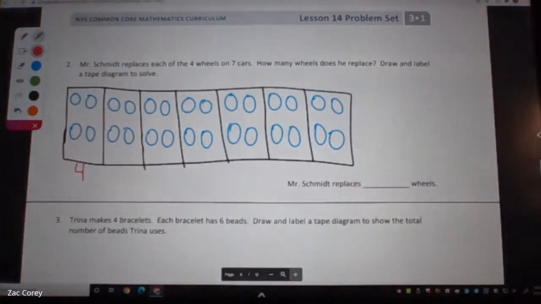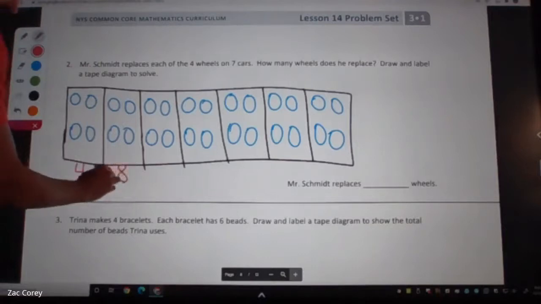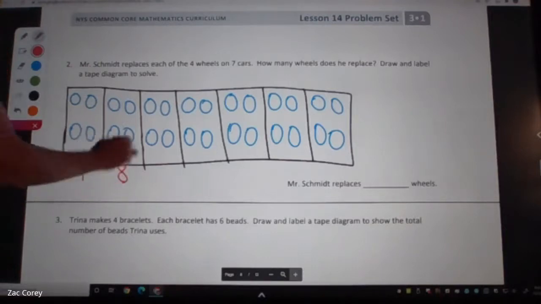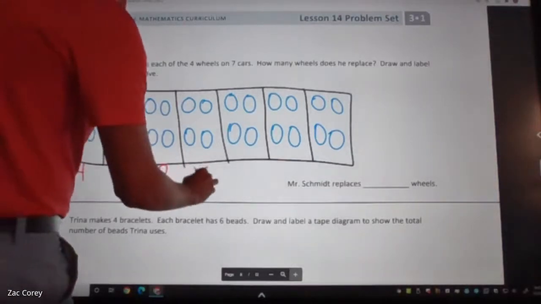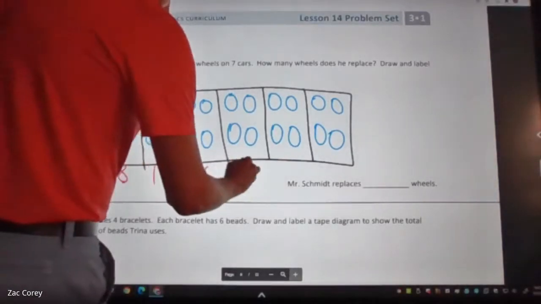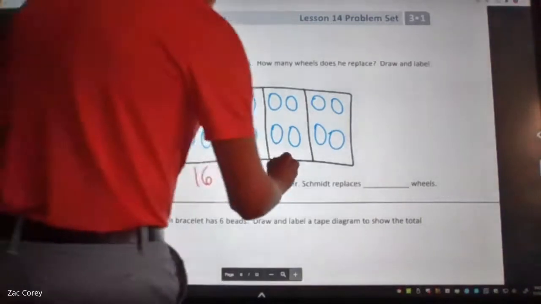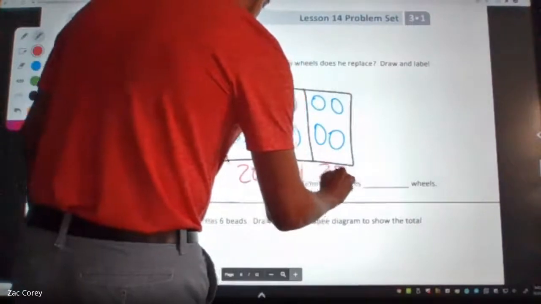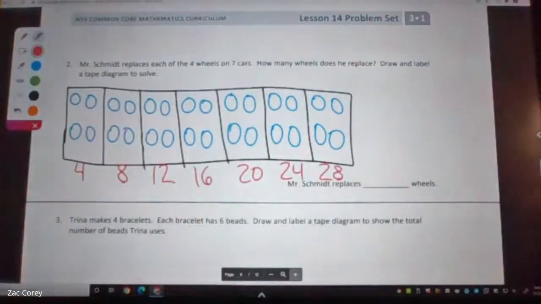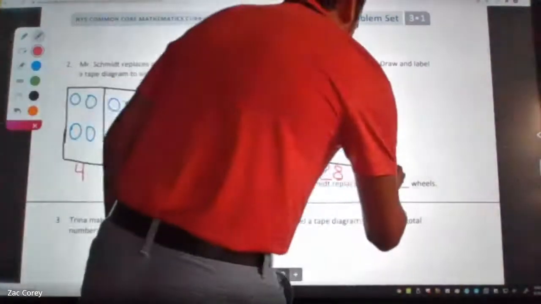And then you guys can help me skip count. 4 and then 4 more is 8. We keep skip counting by 4s. 4, 8. 8 plus 4 is 12. And we just keep going. 12, 16, 20, 24, 28. So Mr. Schmidt replaces 28 wheels.